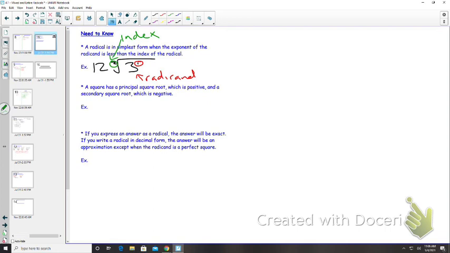So when we say that the exponent is less than the index, we just had a couple examples here.